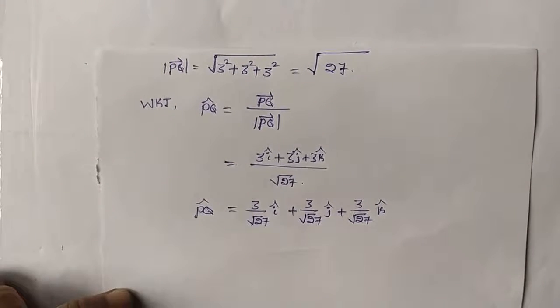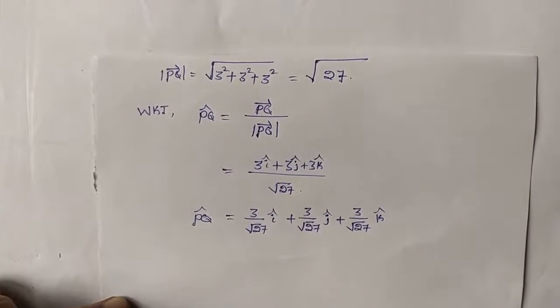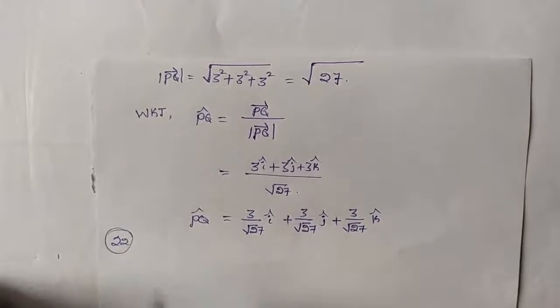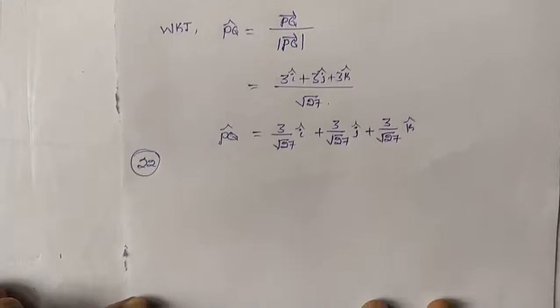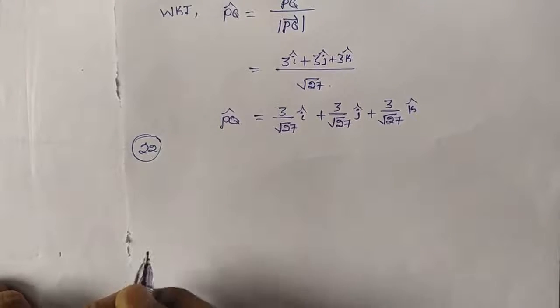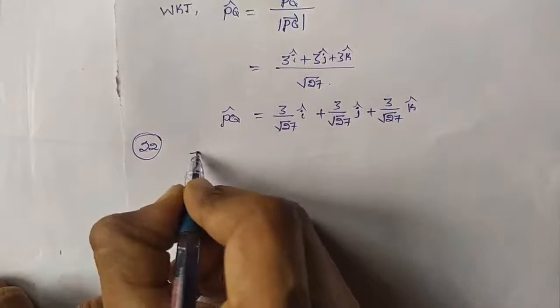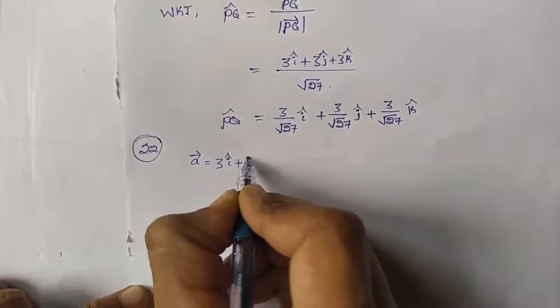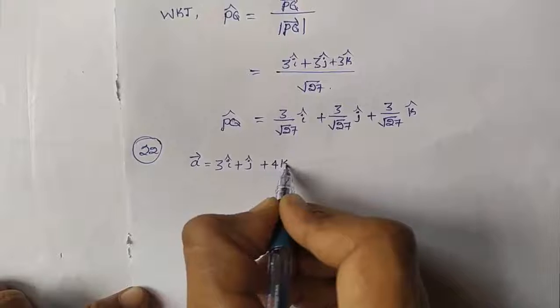It is the 21st question. Next, see the 22nd question. Find the area of the parallelogram whose adjacent sides are the vectors. A vector equals 3i plus j plus 4k.